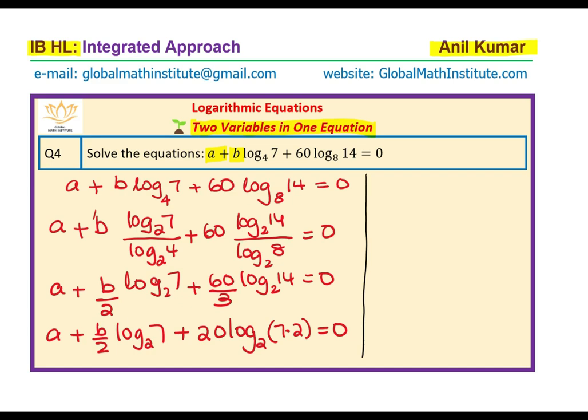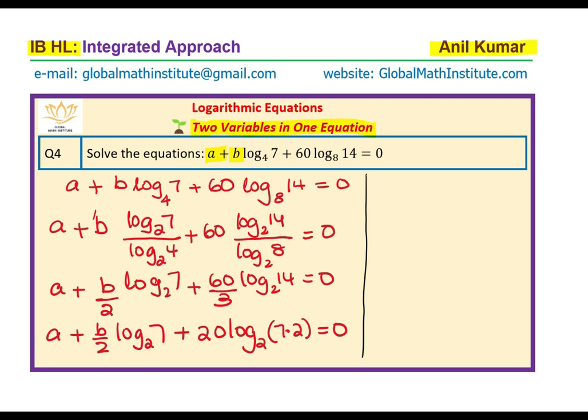Now we can factor and then simplify. So we have b over 2 log to the base 2 of 7, and then 20 log to the base 2 of 7 plus, we can split this up. Instead of a, we can write a times log to the base 2 of 2, which is also 1. Since here we have very little space, I'll go to a new page.